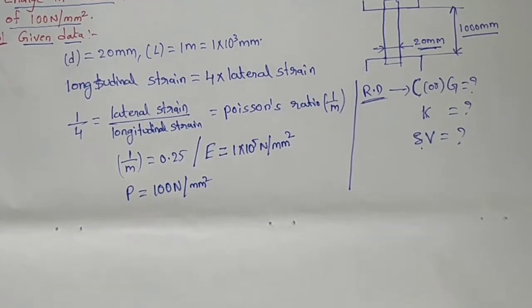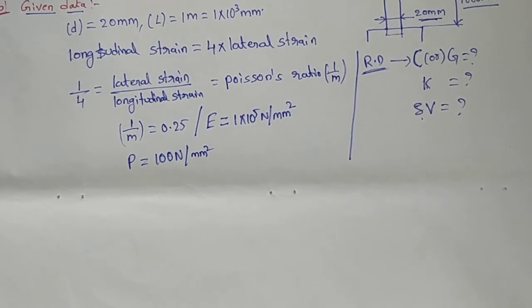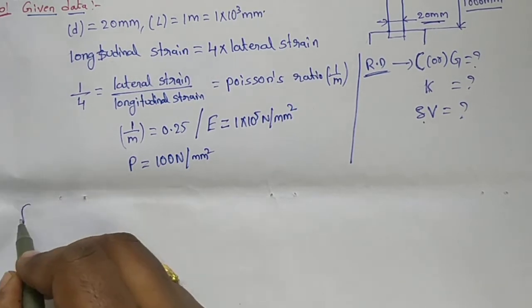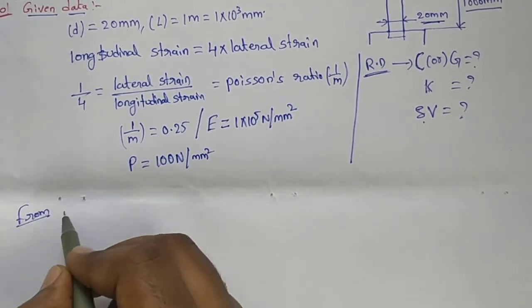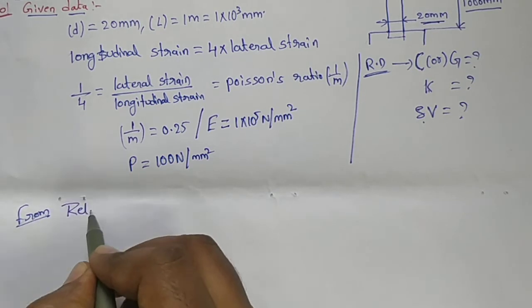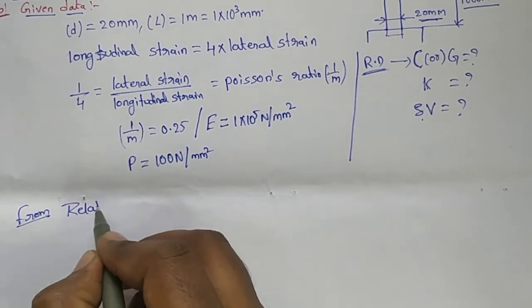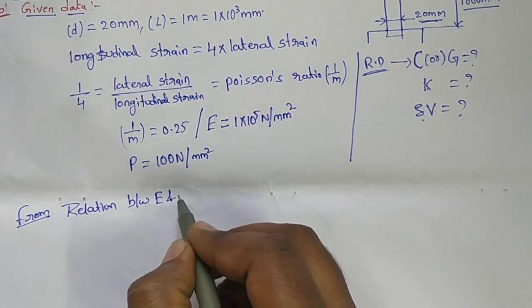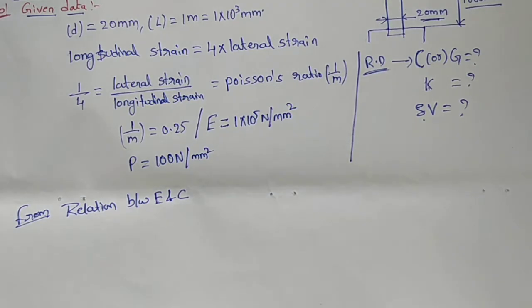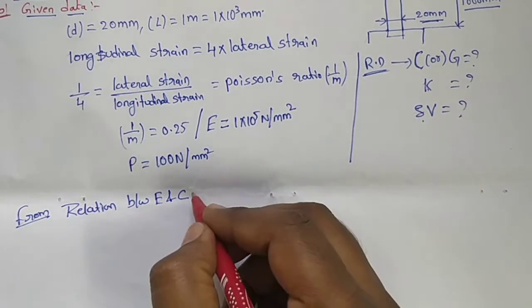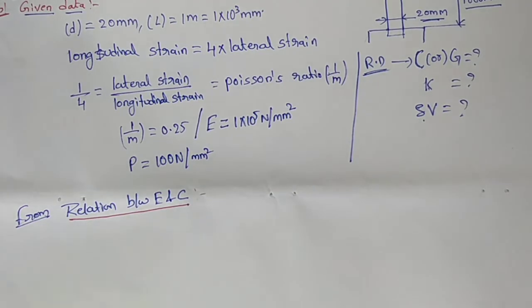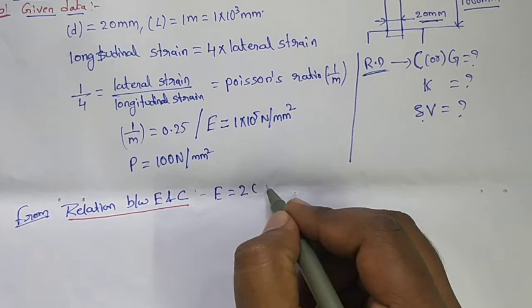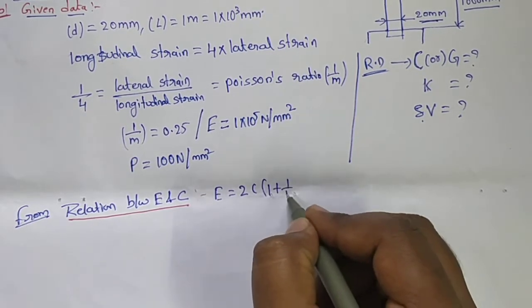We know from the relation between E and C that E is equal to 2C into 1 plus 1 by m.